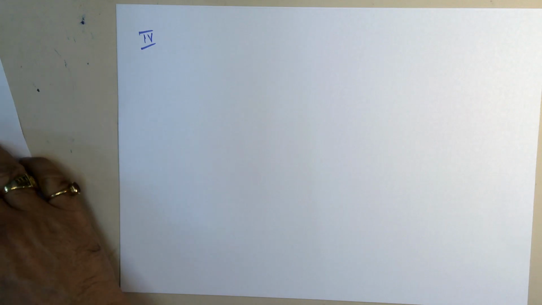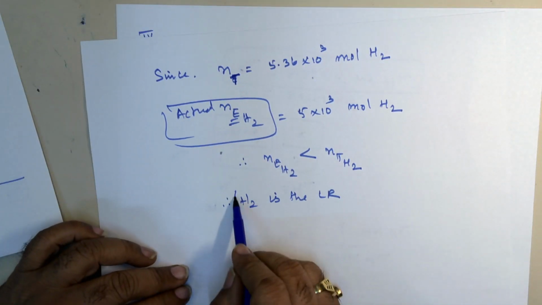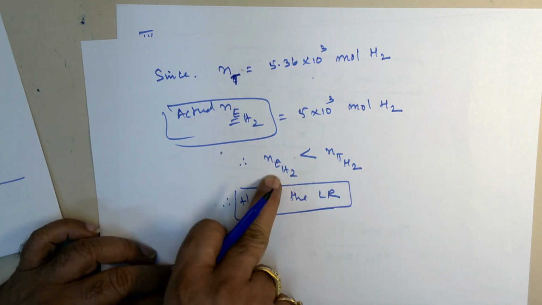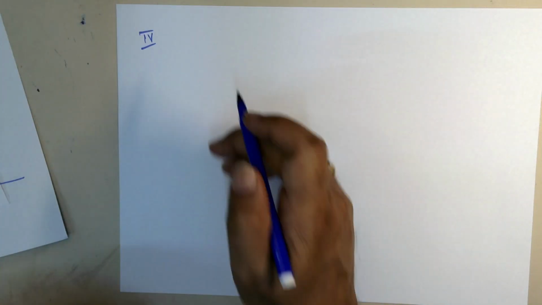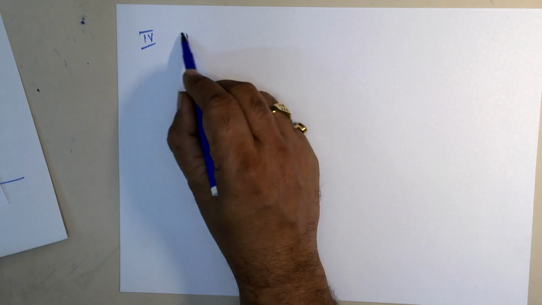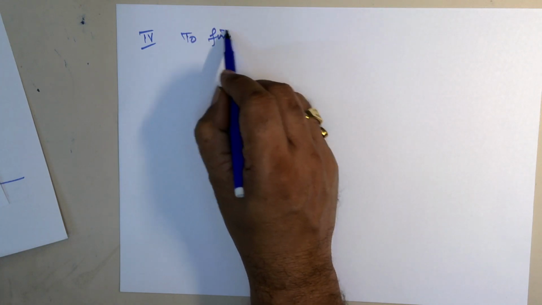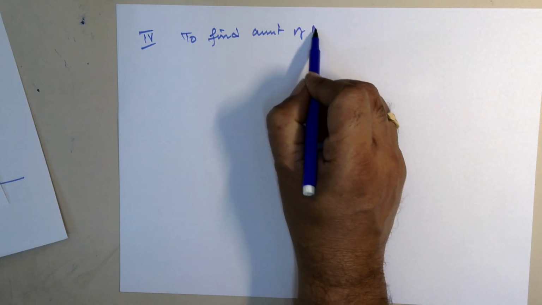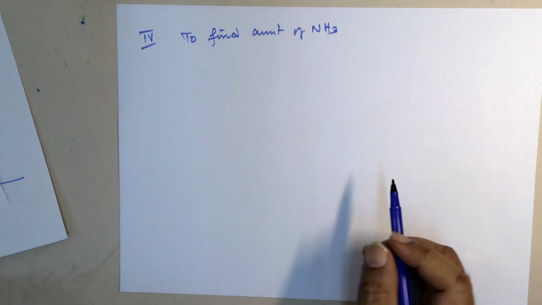So here we have declared hydrogen as the limiting reagent because it has got the less quantity. Now, fourth one. So we need to find out the amount of ammonia produced, right?